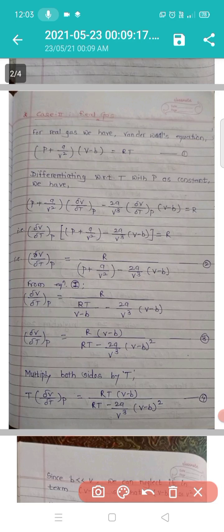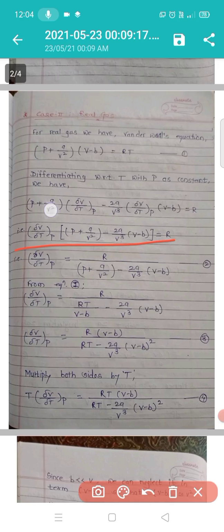Now differentiating this equation with respect to temperature, with pressure constant, we get (P + a/V²)(∂V/∂T) at P − (2a/V³)(∂V/∂T) at P × (V − b) = R. Further solving this equation, we get (∂V/∂T) at P × [P + a/V² − 2a/V³ (V − b)] = R.